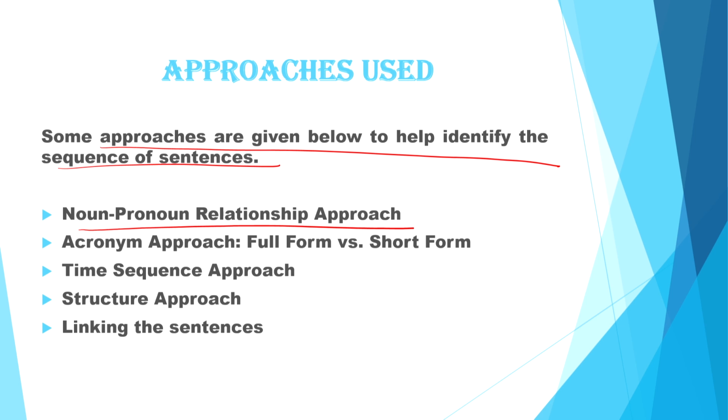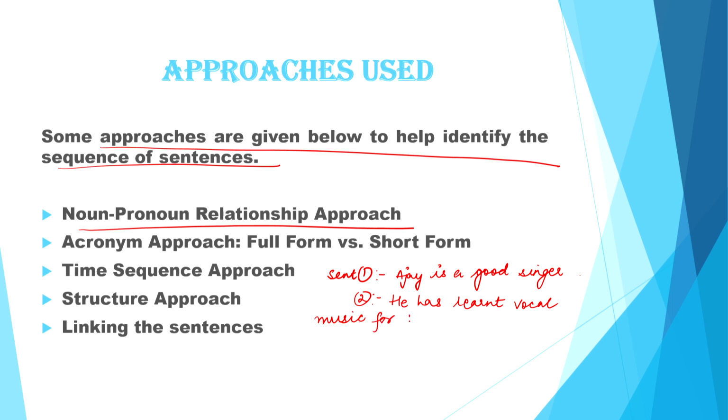Write down this example. So, let us say sentence 1, Ajay is a good singer. And your sentence 2 is he has learnt vocal music for 12 years.